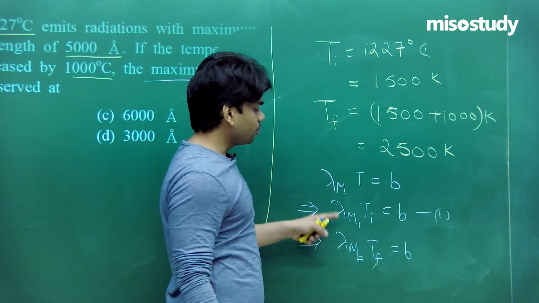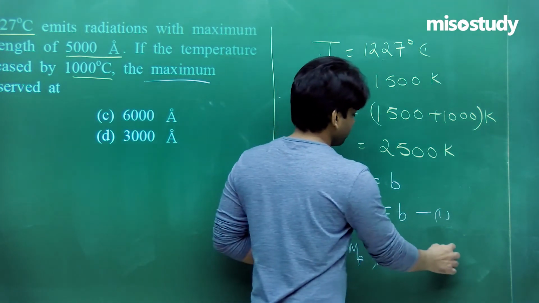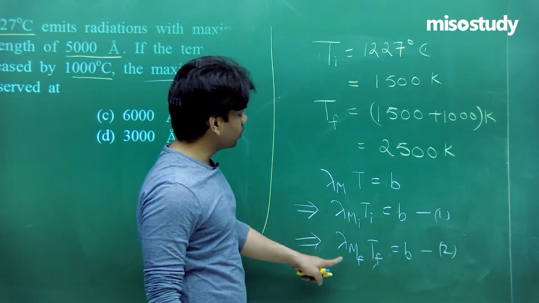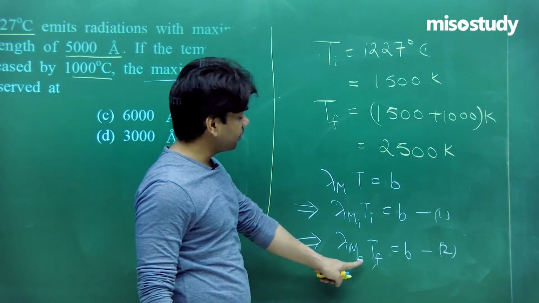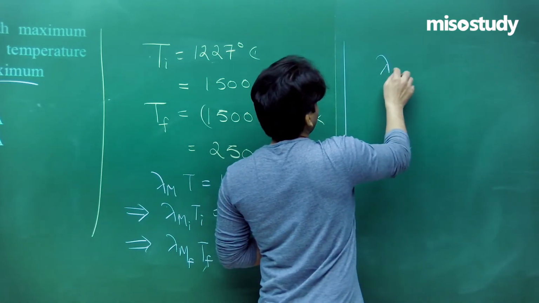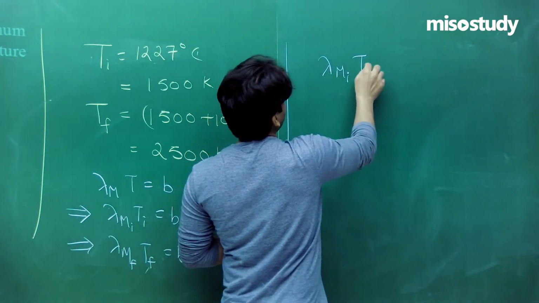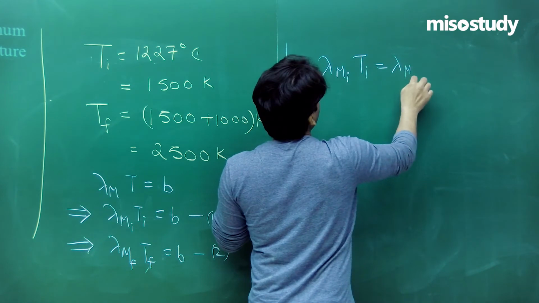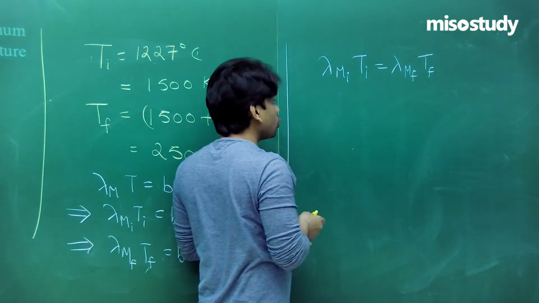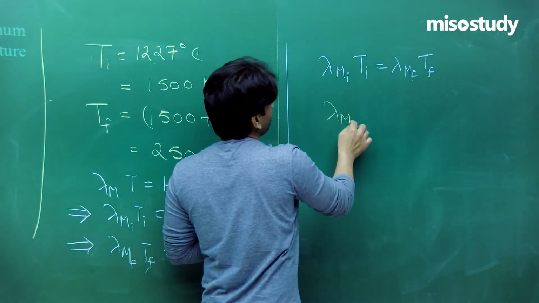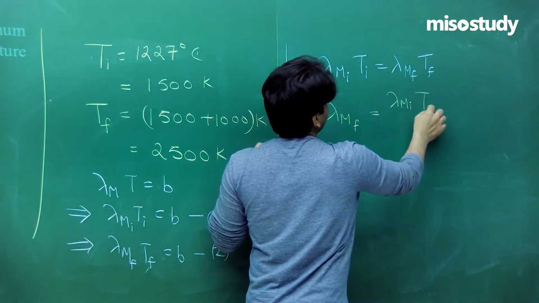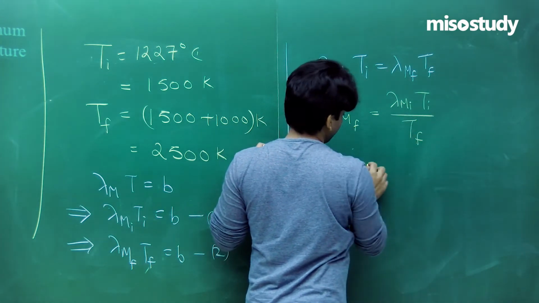If we divide equation 1 by 2, we will be getting lambda mi into Ti is equal to lambda mf into Tf. So the final value of maximum intensity will be observed at lambda mi into Ti divided by T final.